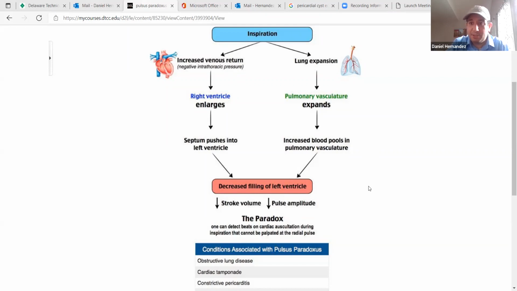We can actually see this on our EKG tracings as well. With inspiration, the lungs expand and the pulmonary vasculature expands as well. We have increased blood pooling in the lungs with decreased flow returning back to the left ventricle.